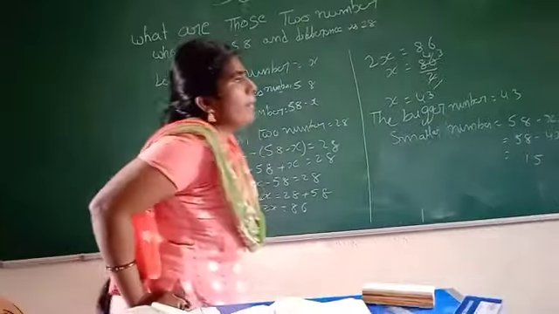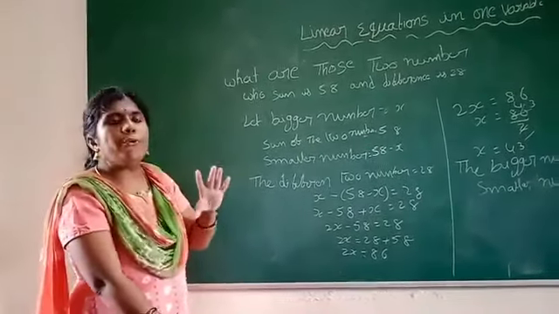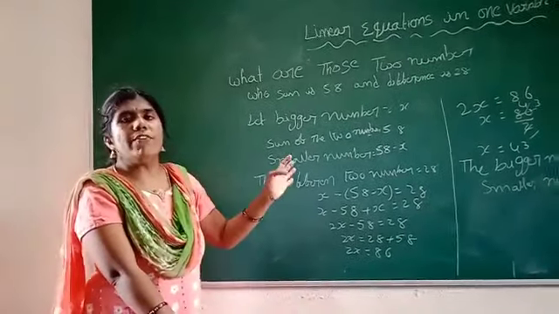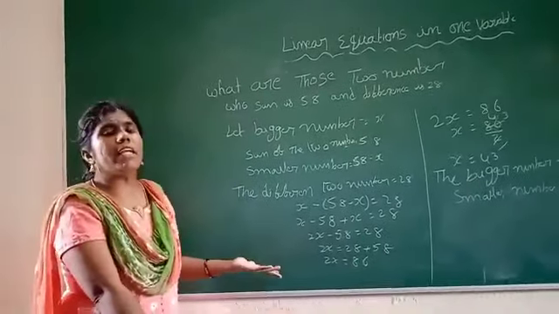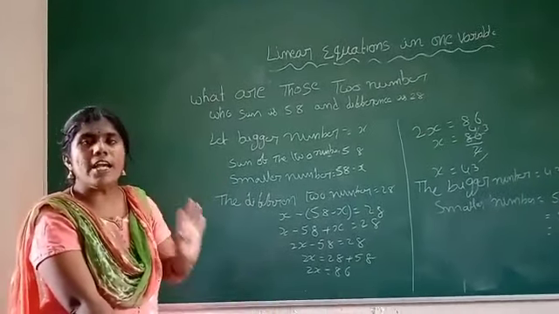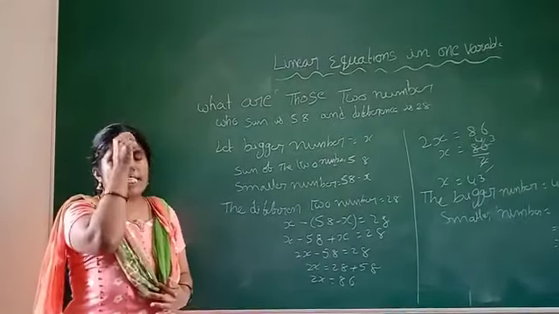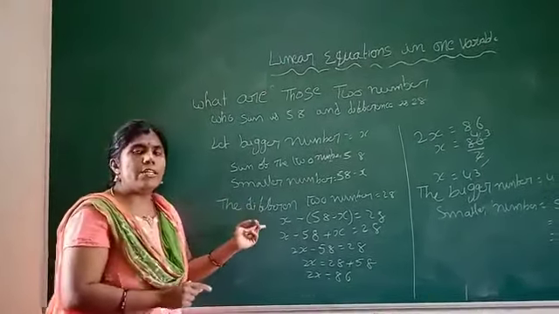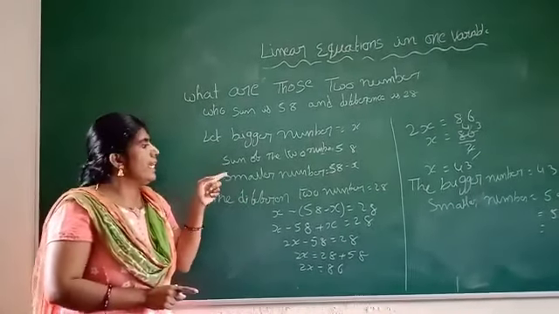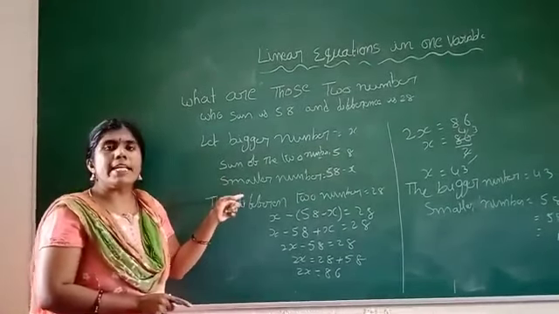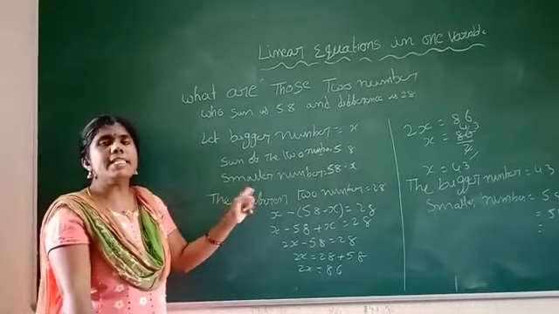Okay, once again, repeat. What is given, children? The sum of the two numbers and the difference between the two numbers are given, but the numbers are not given. Let the bigger number equal x. The sum of the two numbers is 58, so the smaller number is 58 minus x.